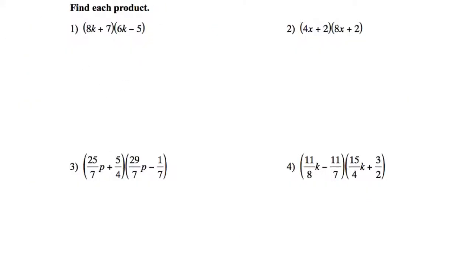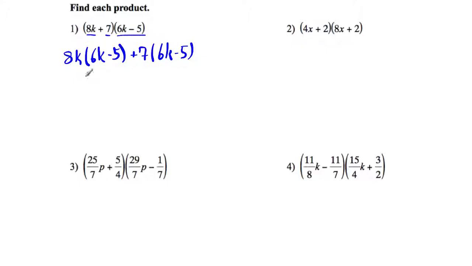Here we want to multiply these out. So like I said before, we can take each term and multiply it by the whole parenthesis. So 8k times 6k minus 5 plus 7 times 6k minus 5.